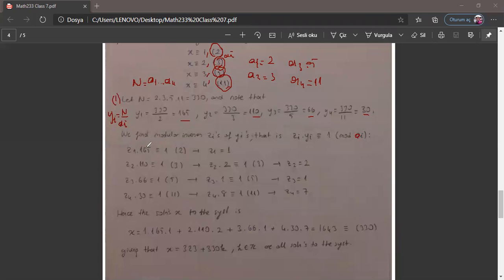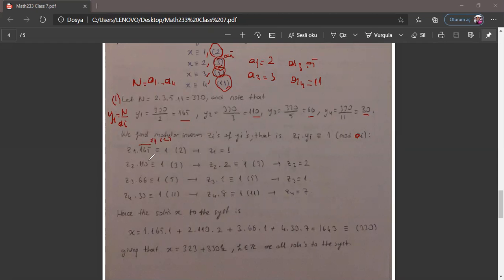So the modular inverse of y1 is z1, such that it's congruent to 1 modulo 2. You see this is congruent to 1 modulo 2, then z1 is 1.